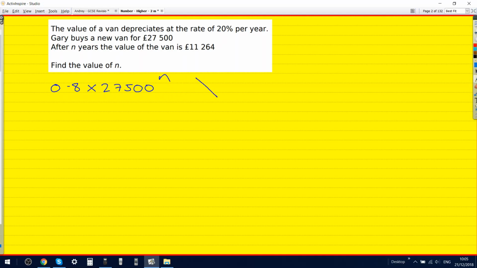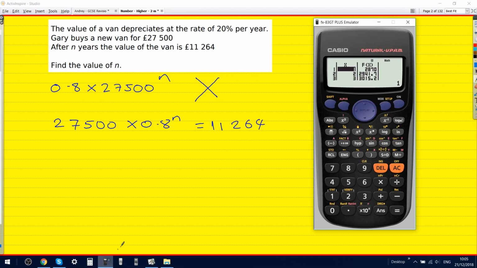So you have it a bit backwards. It's the percentage that's to the power of. So that's the initial amount times 0.8 to the power of n. Oh, right. And we have to get 11,264 this time.